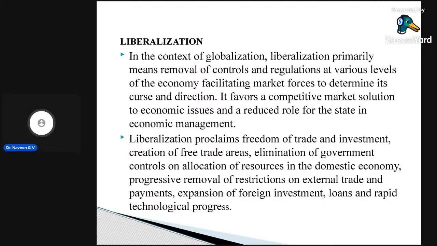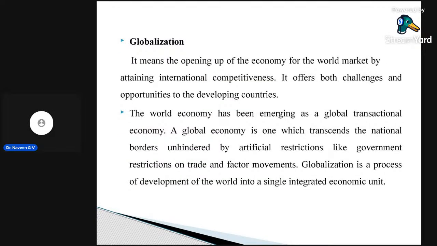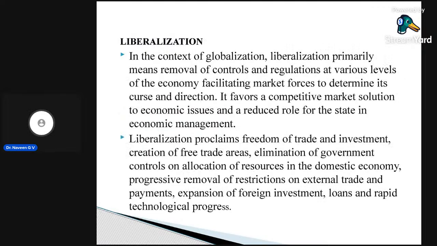Expansion of foreign investments, foreign direct investments, and loans and rapid technological progress. What type of loans and how much loans are required, based on that we need to take steps. In these ways, liberalization has taken place in our country.